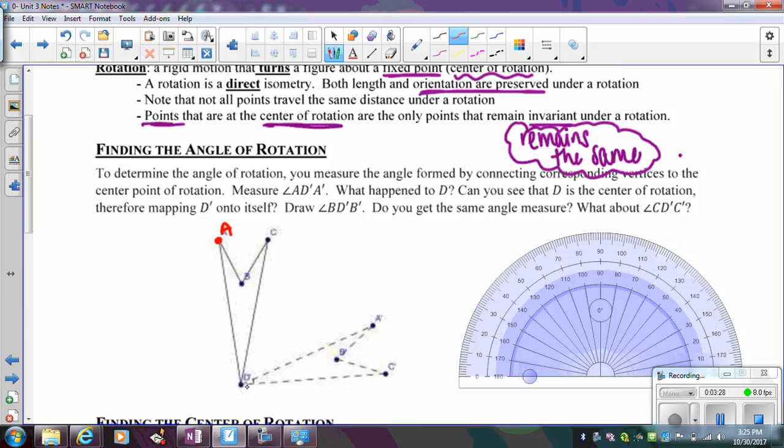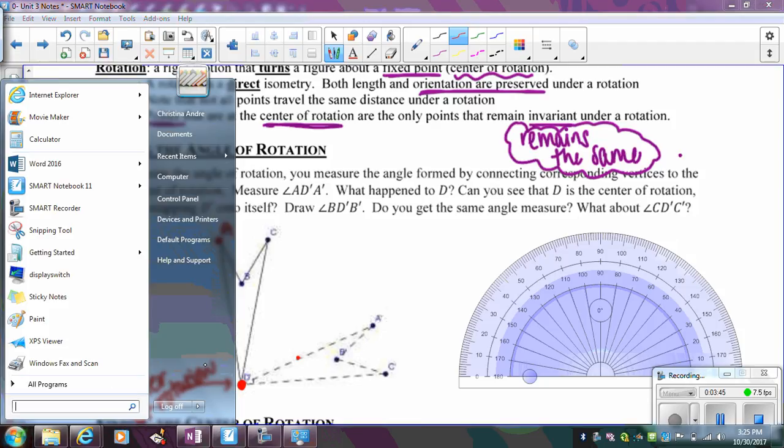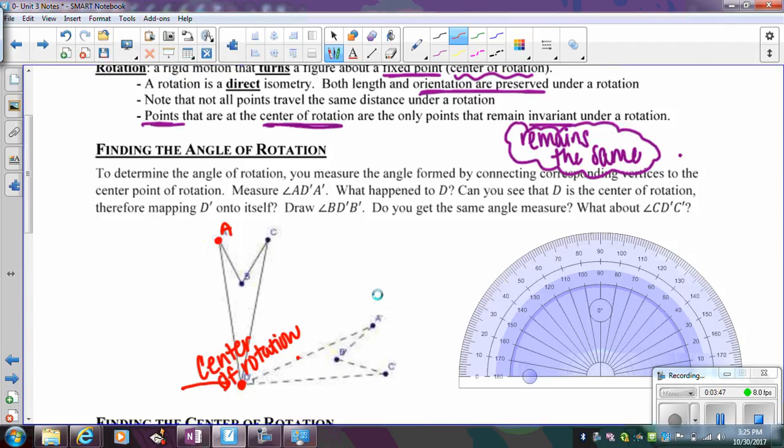In this situation, I know that it's point D because point D doesn't get mapped anywhere. It stays in place, so that tells me that this is the center of rotation. And a lot of times, like I said, that'll be given to you right in the problem.